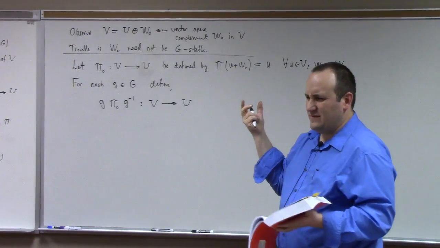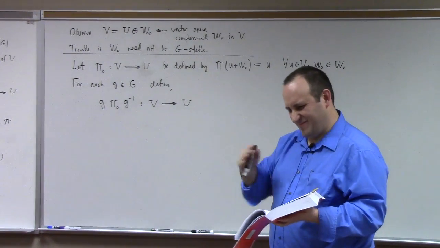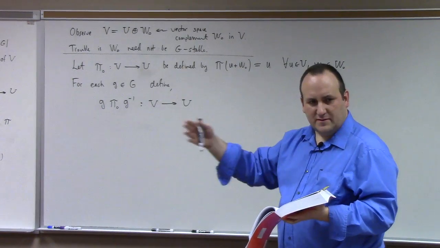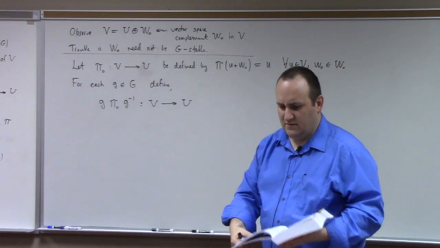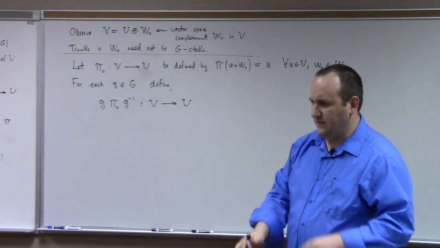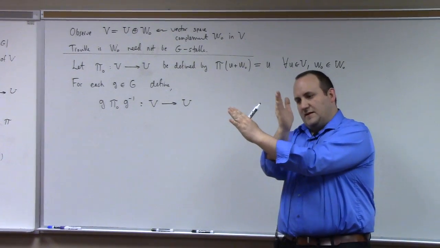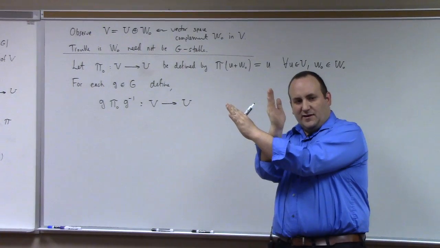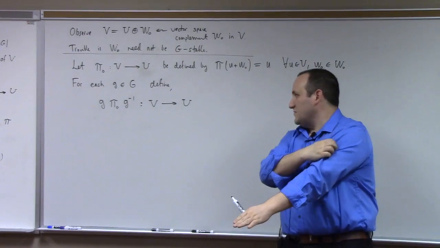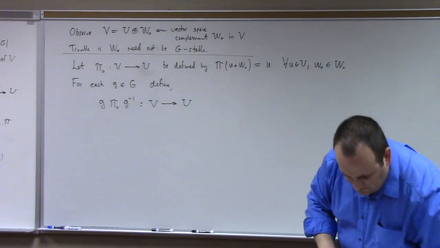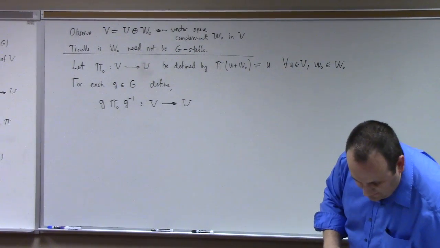I think the idea is to start with the direct sum decomposition of V and then adjust it for the FG module action until it's corrected. It's like if you were looking for an orthogonal decomposition of a vector space, you might take any old vector space decomposition and then work on adjusting it until you finally get it orthogonal. Something similar to that idea here, maybe. Just a thought.